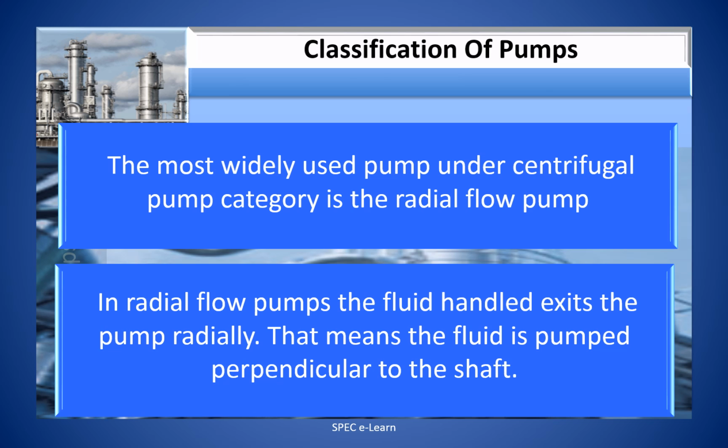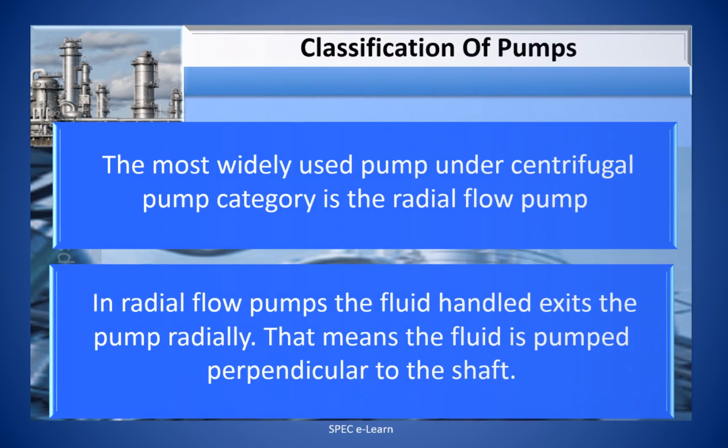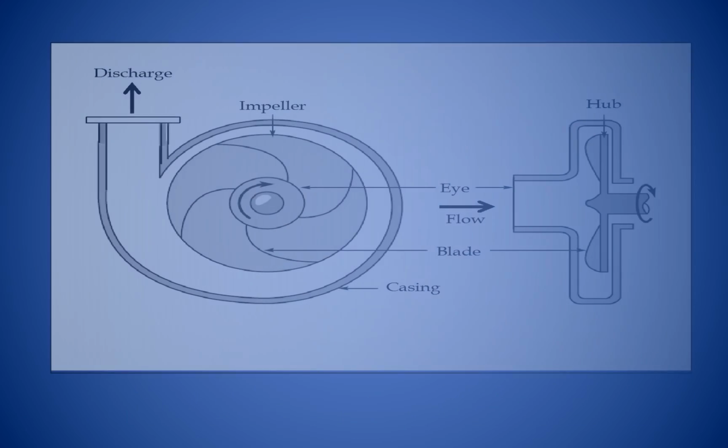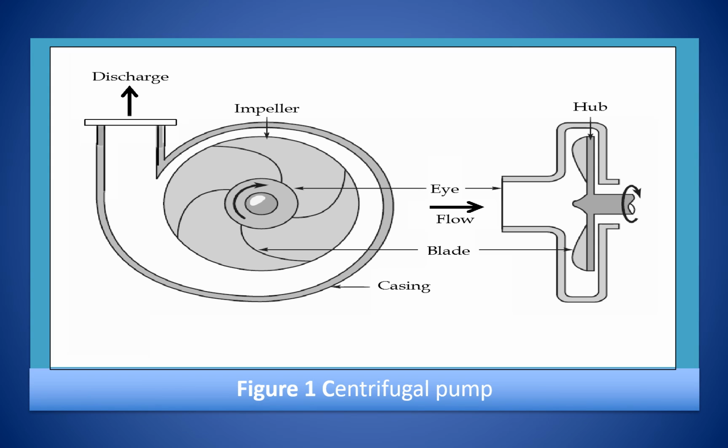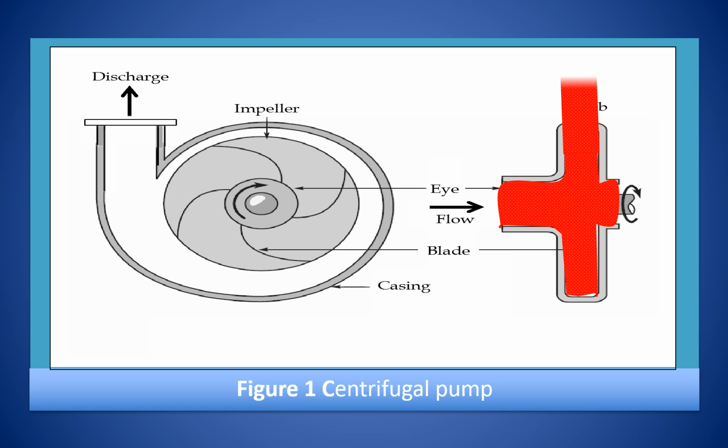In radial flow pumps, the fluid handled exits the pump radially. This means the fluid is pumped perpendicular to the shaft. Shown in this sketch is a radial type centrifugal pump driven by an electric motor.